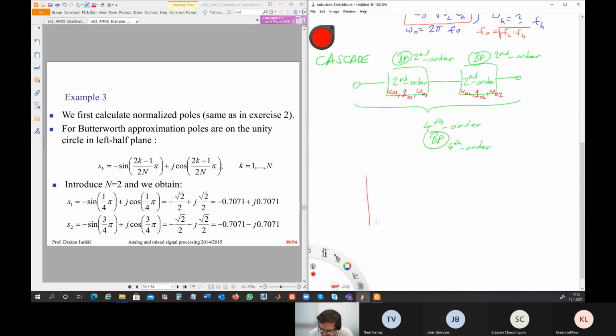If we have, for example, Chebyshev like this, then the bandpass will look the same. So the look of the characteristic is preserved.